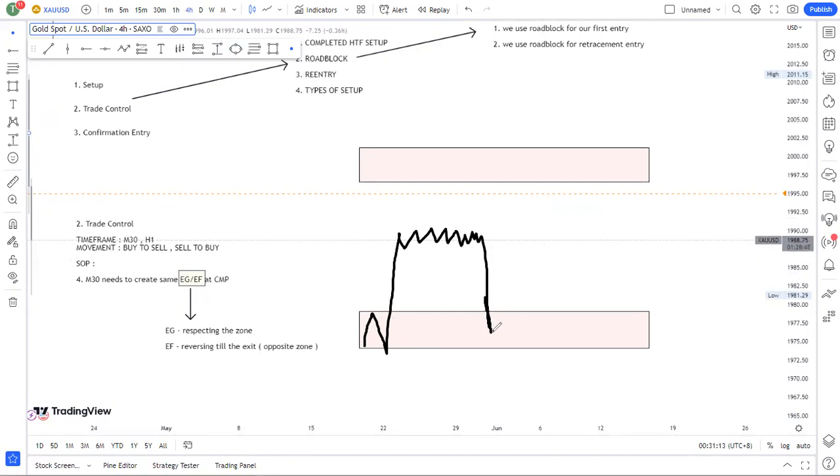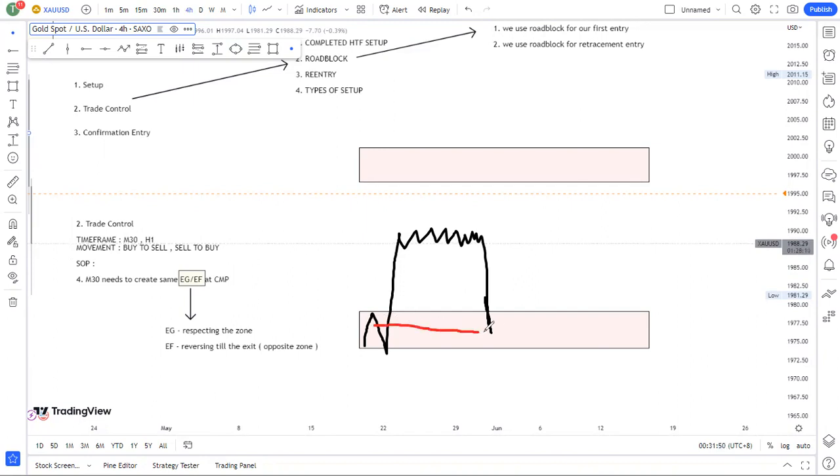When the price came from sell, the roadblock zones will be the buy zones. When the price came from buy, the roadblock is our sell zones.